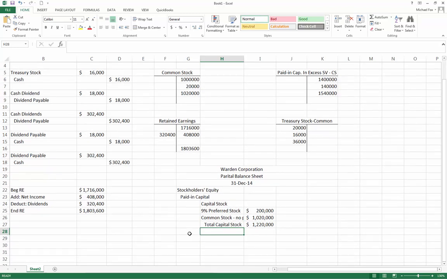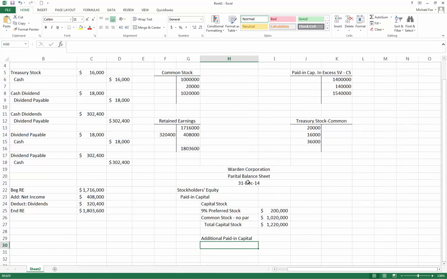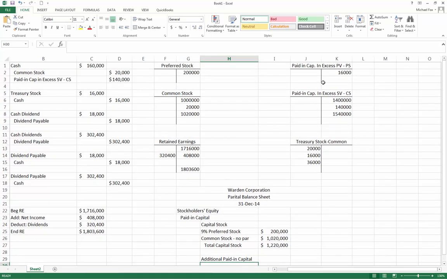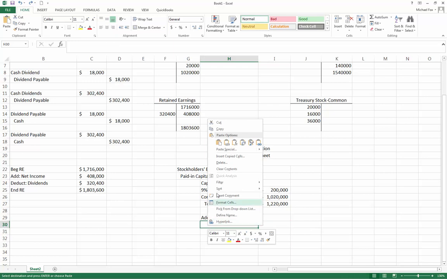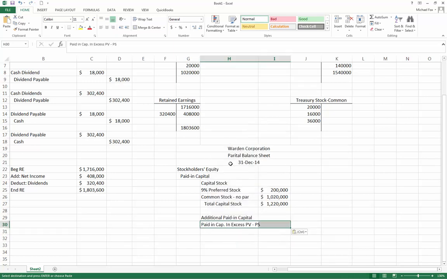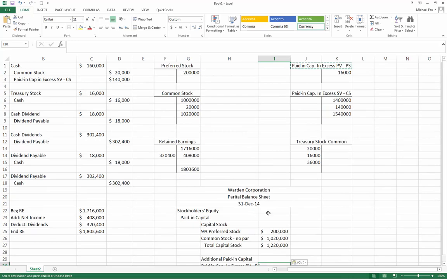Then we'll have our additional paid-in capital. So we'll have our paid-in capital in excess of par value on the preferred stock. That had a balance of $16,000.